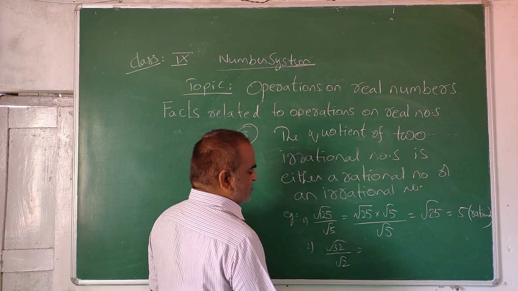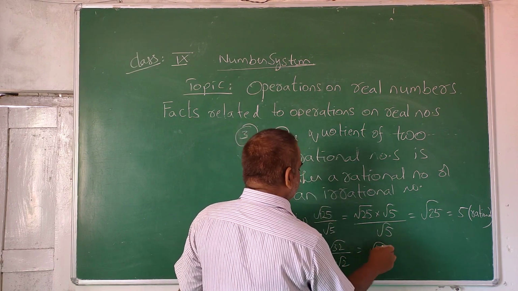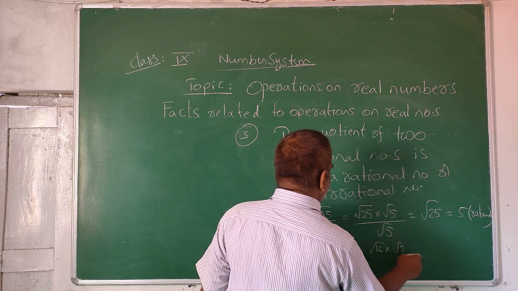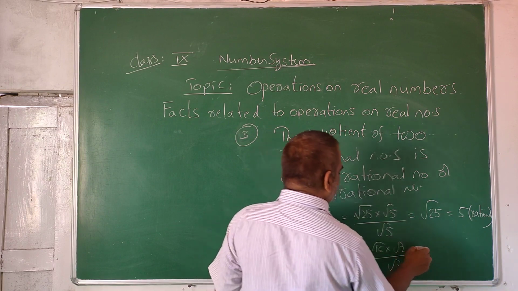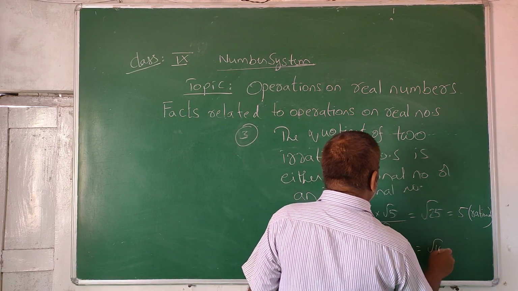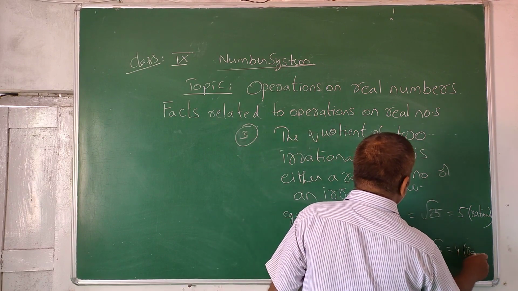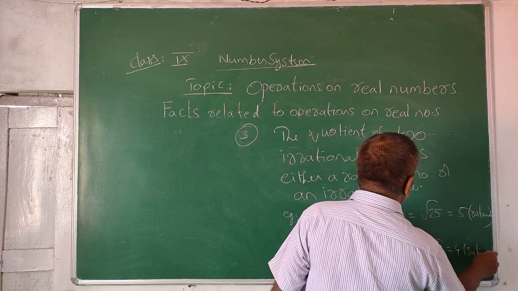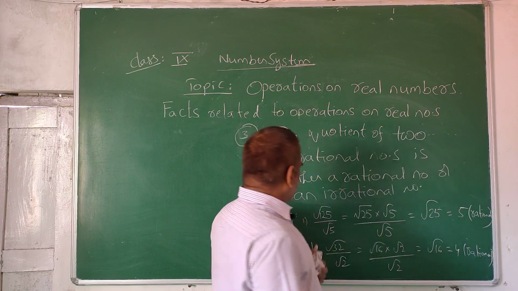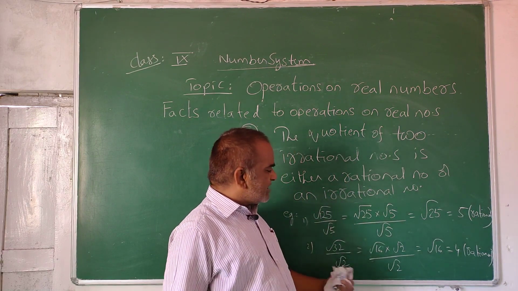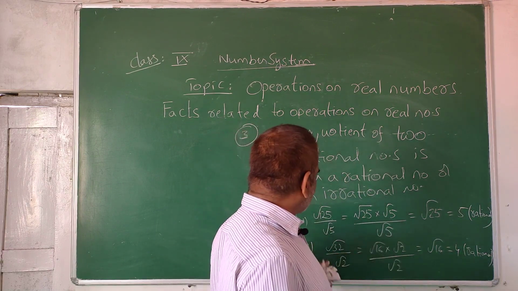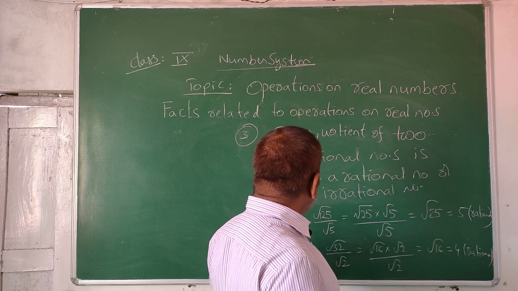You take this quotient. Root 32 means root 16 into root 2, by root 2. Root 2 gets cancelled. Root 16 is equal to 4. 4 is a rational number. See here, the quotient of two irrational numbers in these two examples is a rational number.